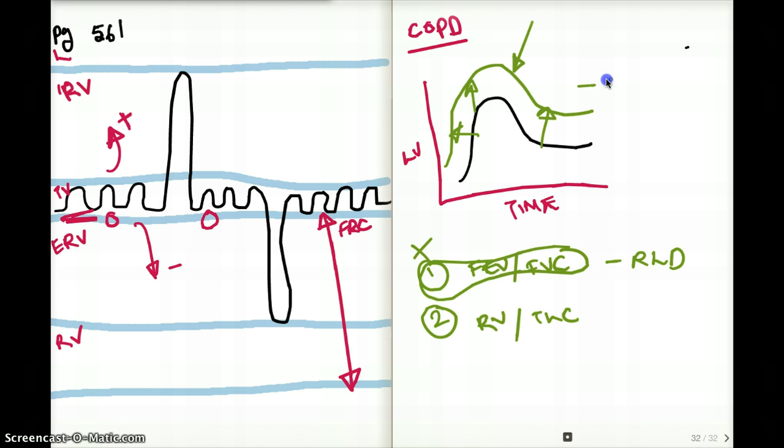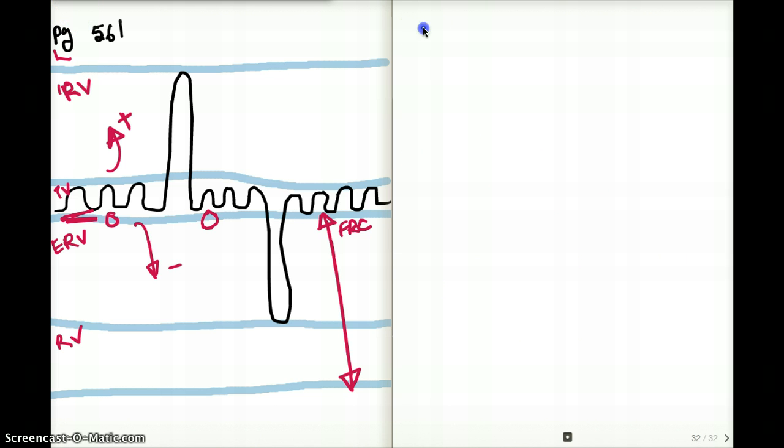That usually happens in COPD, when the residual volume compared to the total lung capacity is up. So in this case, the answer is going to be the second option. So that's another thing about COPD. Other things about COPD that I want to talk about here is that in COPD, vital capacity is decreased, okay?